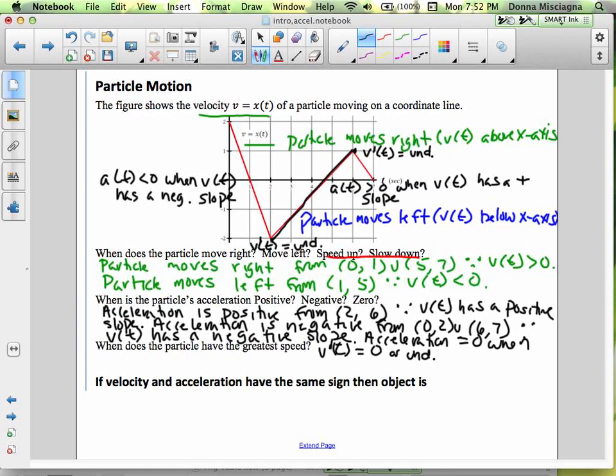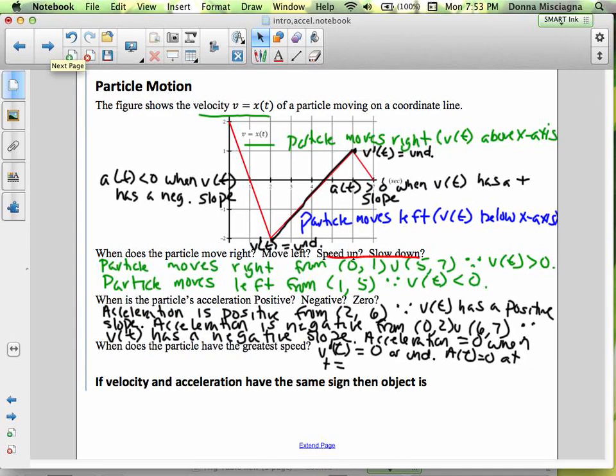So a of t equals 0 at t equals... my t and my v are running together. There we go. So that was 2 and 5. No, excuse me, 6. At t equals 2 and t equals 6 seconds.